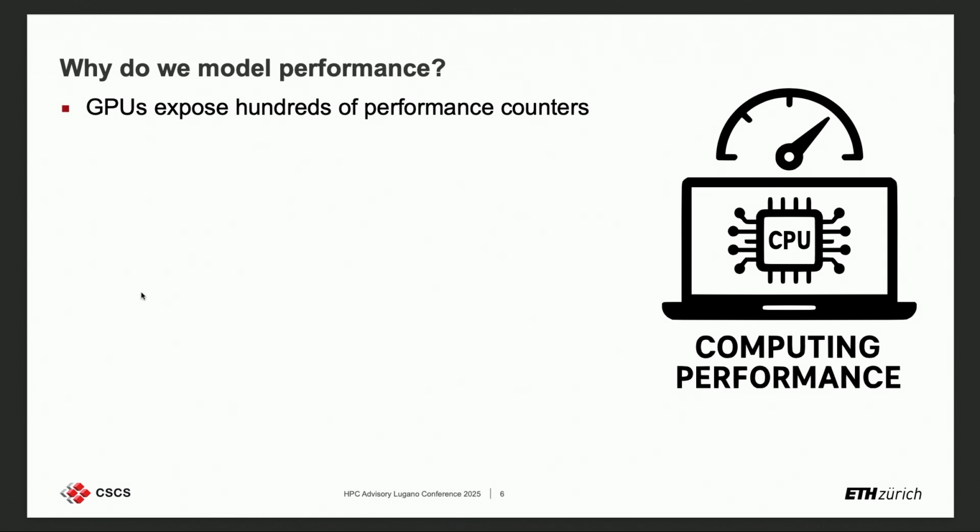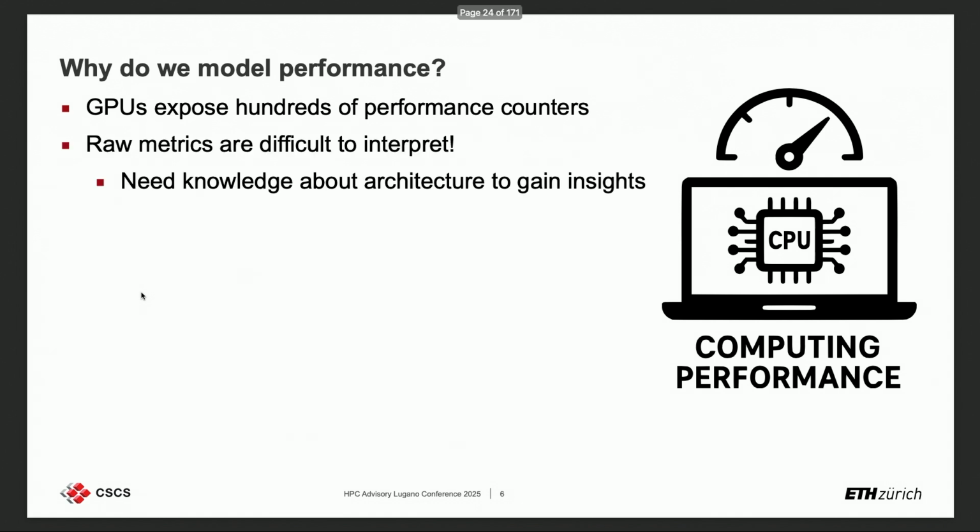And once you get into it and actually look at what GPUs offer, it turns out that GPU utilization is not the only quantity that you can extract. Actually, there are hundreds of performance counters that you can query from Nvidia GPUs. And all of them have the same problem. The raw metrics are just difficult to interpret.